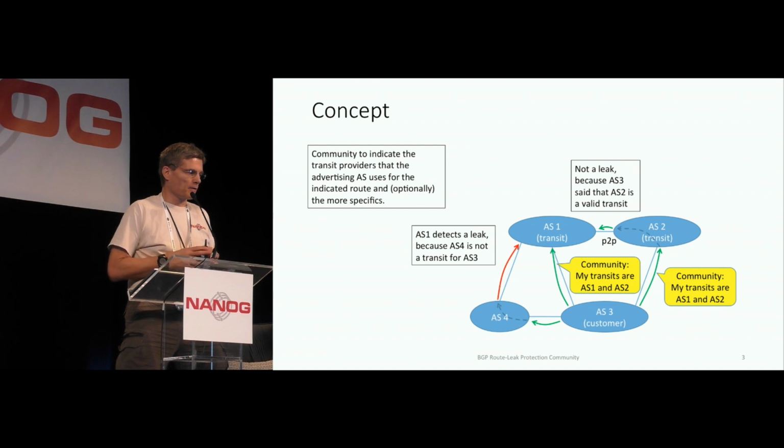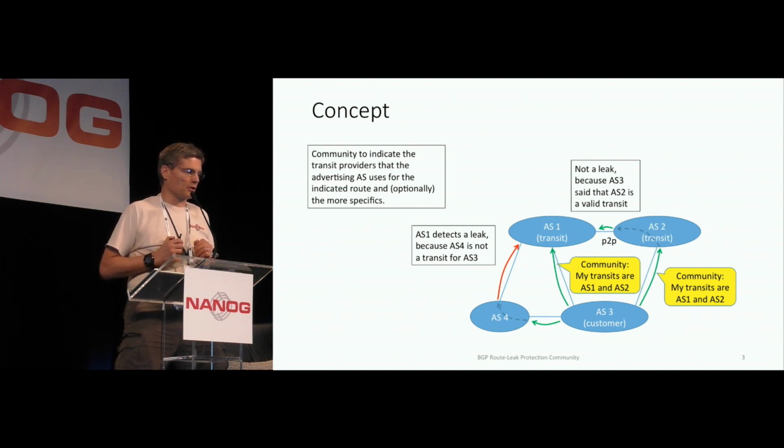So that now AS1 will receive a route through the other way from AS2. Now he looks at the community that he already got and says, yes, AS2 is a transit, so okay, that route is not a leak.